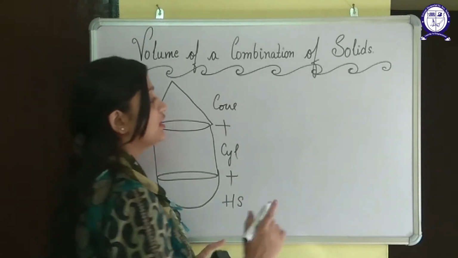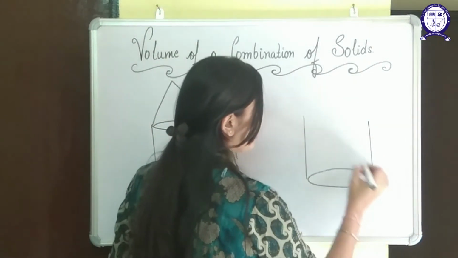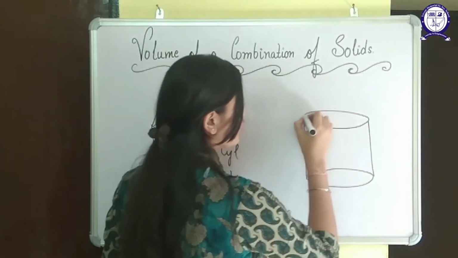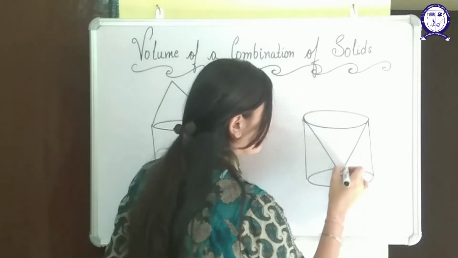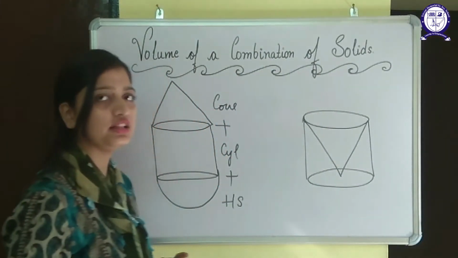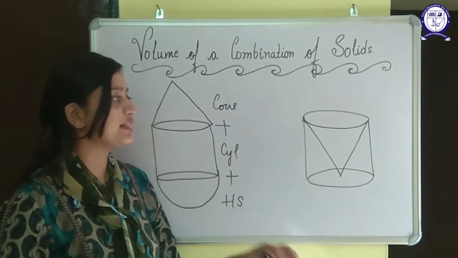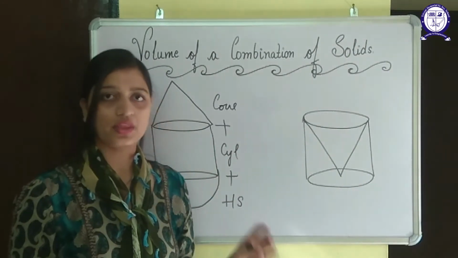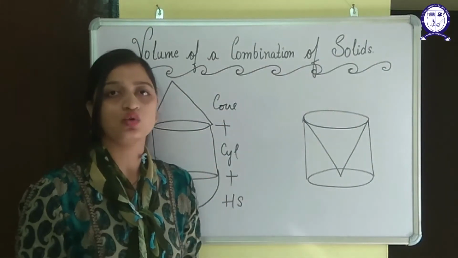But if the same figures are on the inside part, suppose there is a cylinder and there is a cone inside of it, and we need to find the volume of this figure. In this case, it means that there is a cylinder and a conical cavity is taken out of it.